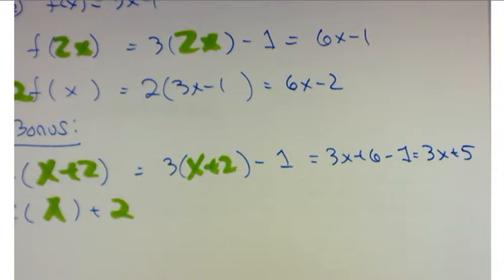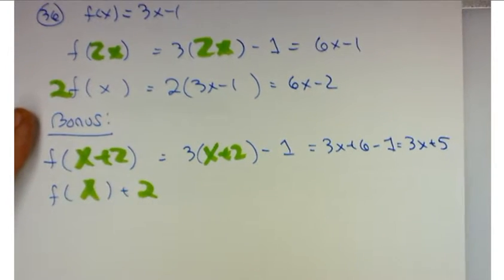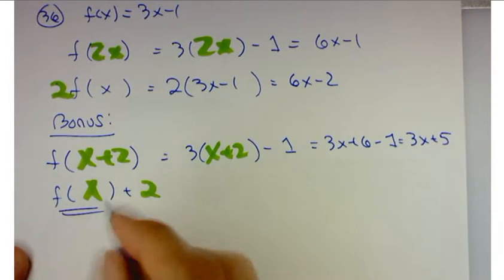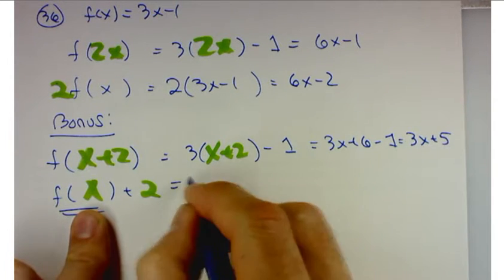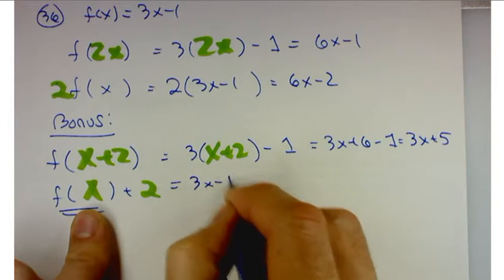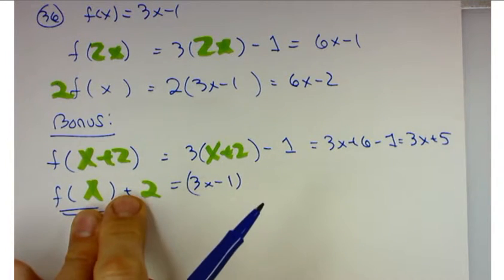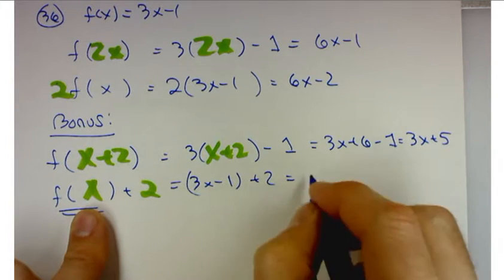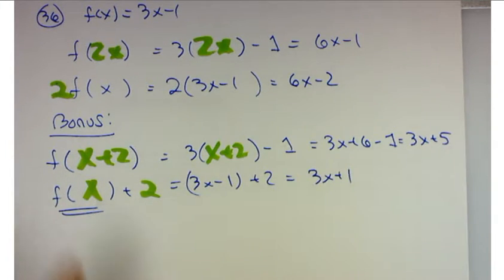Now, isn't that the same thing as the other bonus item that I gave you? Good. Here, f of x, we already know what that is. That's 3x minus 1. And to that, I'm going to add a 2. And when I combine like terms, I just get a 3x plus 1. Ta-da!